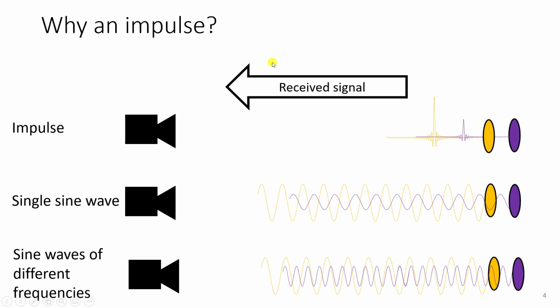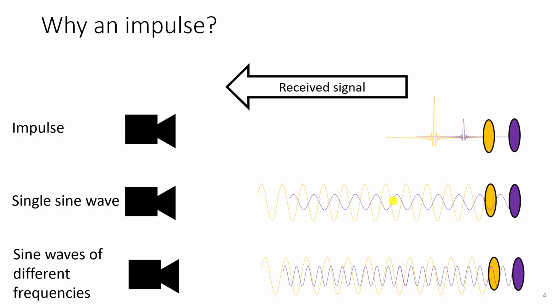So an impulse is a great choice for measuring distances because it doesn't overlap with itself when there's multiple objects, and this contrasts with a sine wave that is added to a delayed copy of itself multiple times depending on how many objects there are. And all these copies interfere constructively and destructively, which makes distance measurement practically impossible.